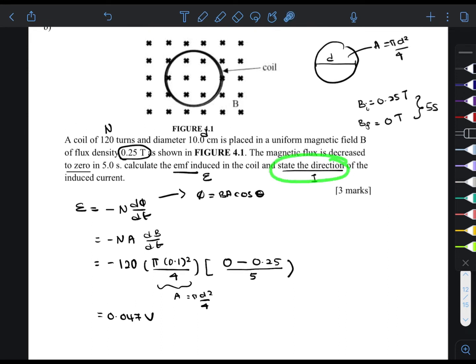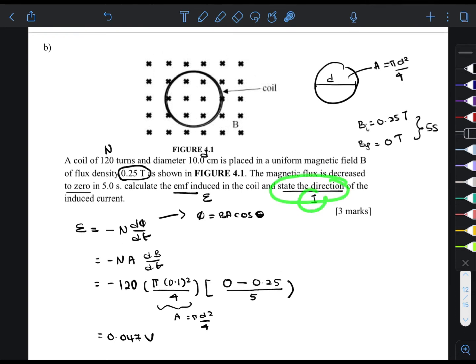And then next, it asks for the direction of the current. To determine the direction of the current, we need to use the right hand grip rule.